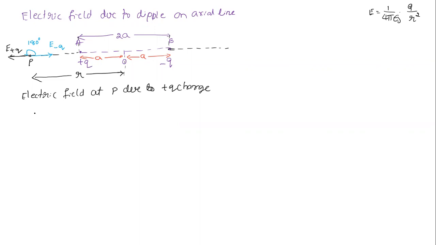How much is it? The electric field, in vector notation, is equal to 1 divided by 4 pi epsilon naught multiplied by the charge, which is plus Q, divided by distance. Distance is very important now. Distance from where to where? Distance from A to P.